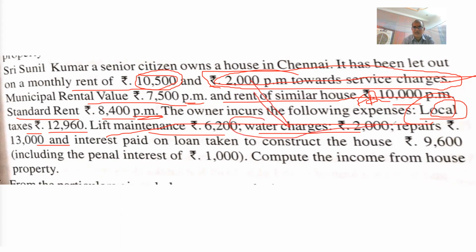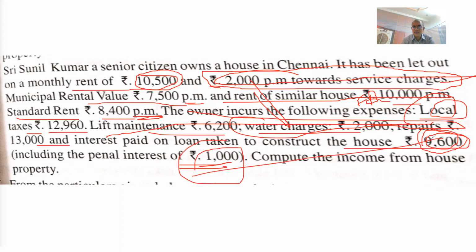Then he has taken a loan, on which he has paid interest of 9,600. Penal interest you deduct, it will not come. Only 9,600 minus 1,000, 8,600 will come. Interest on loan is 8,600 only. Penalty you should not deduct.